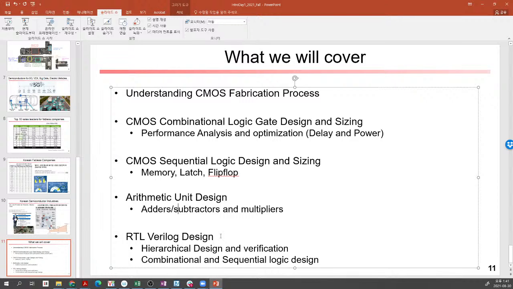Synthesis means you write some program, and the CAD tool automatically translates that code into all the combinational logic gates and sequential logic gates. So this is a recent advance in digital design.